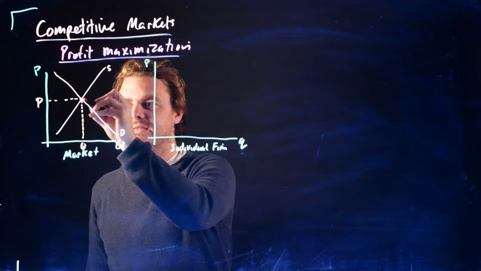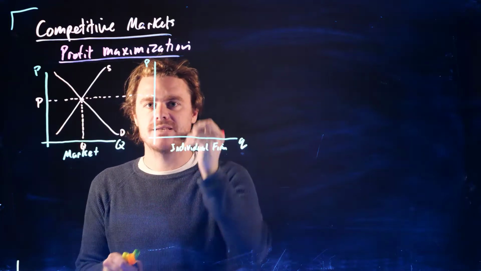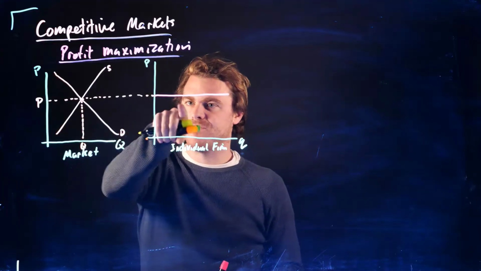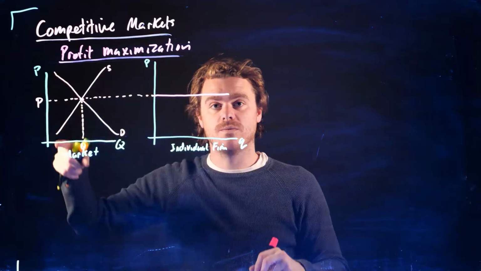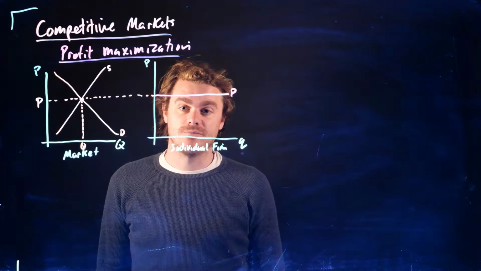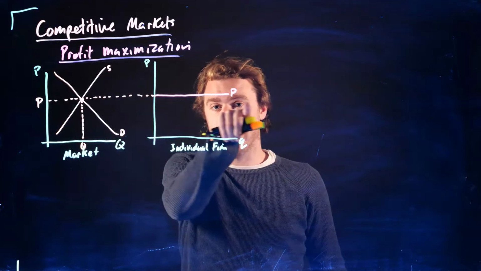And so that means each individual firm faces the price that's determined by this market as a whole. So this is the price that the individual firms face. And notice it's this horizontal line here.